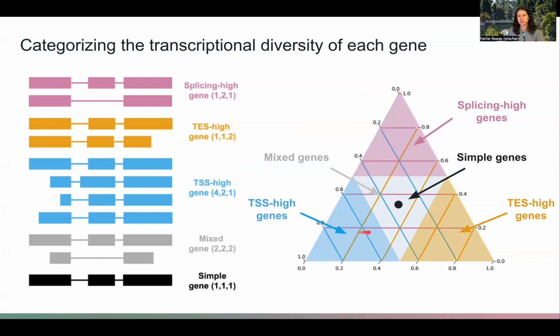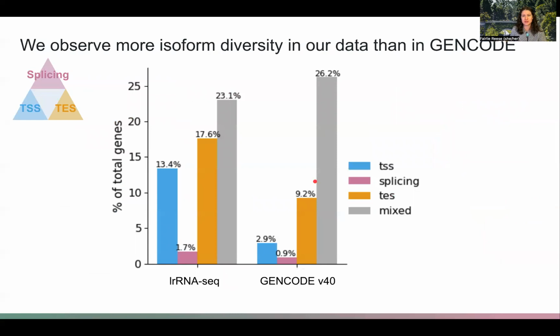In the center of the simplex, we have two different fates for a gene, the first of which are genes which only express one isoform, but anything else that falls into the center of the simplex will simply be called a mixed gene. So just a broad overview of what we see in terms of the transcriptional diversity of our data versus GenCode.